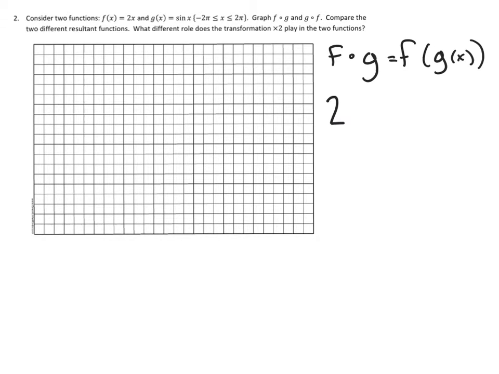But instead of writing an x, I'm going to write g of x, which is sine x. So it's going to be 2 sine x. And I'm going to keep the same interval, negative 2 pi less than or equal to x less than or equal to 2 pi.